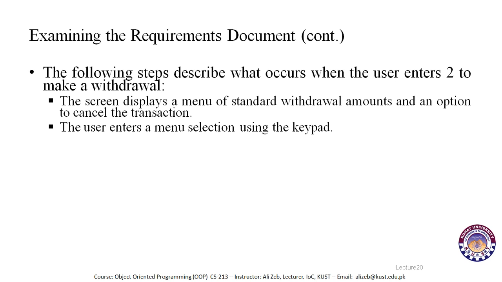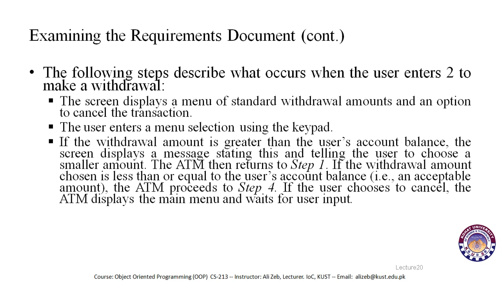The user enters a menu selection using the keypad. If the withdrawal amount, and again we need to validate, for example, we must have in the account at least the amount that we are trying to withdraw from the ATM machine. If the withdrawal amount is greater than the user's account balance, the screen displays a message stating this and telling the user to choose a smaller amount.